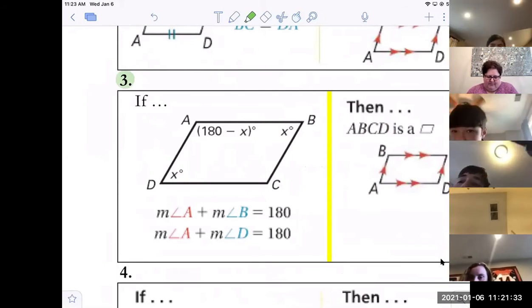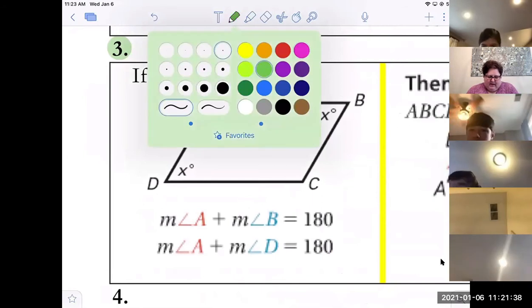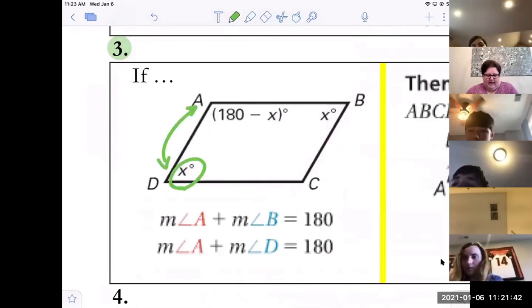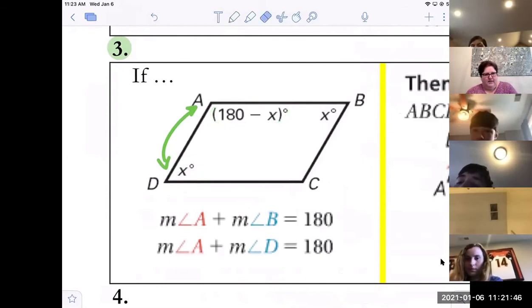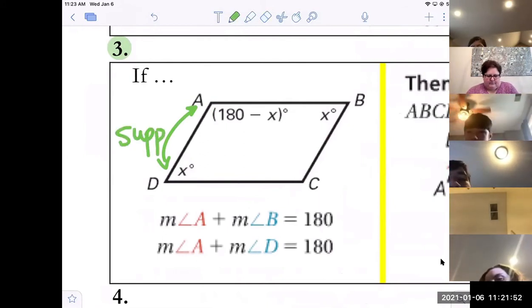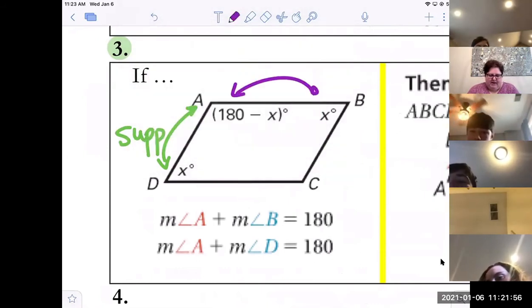All right, the next one. What does it mean if you have this angle D being X and angle A being 180 minus X? How are they related? They're supplementary. It'd be the same thing this way. These would also be supplementary.